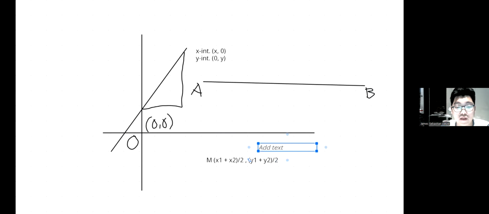Again, as with the midpoint, for gradient it doesn't matter which y1 and which y2 you choose, because the gradient of the line AB and the line BA is, of course, just the same thing.